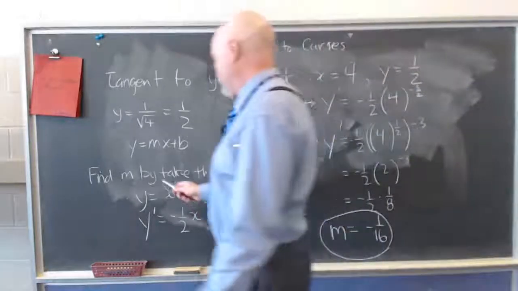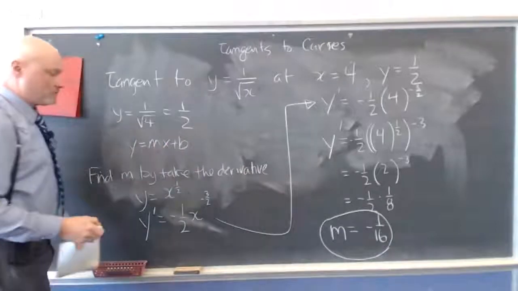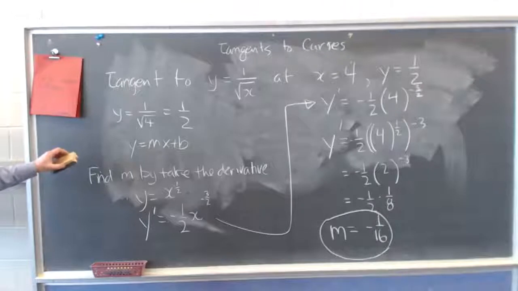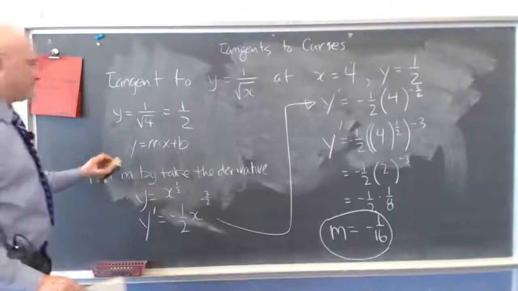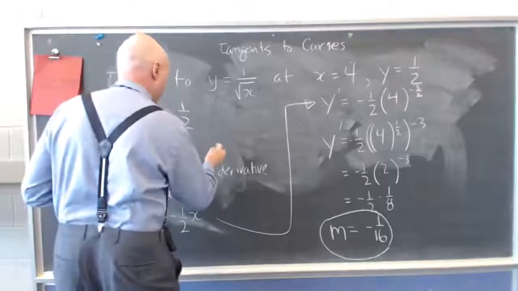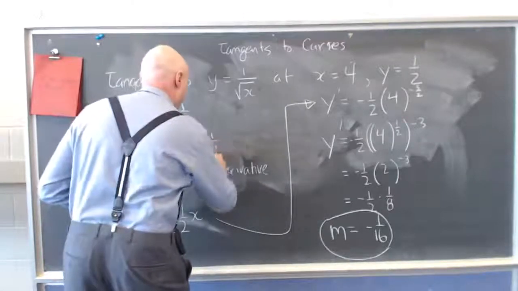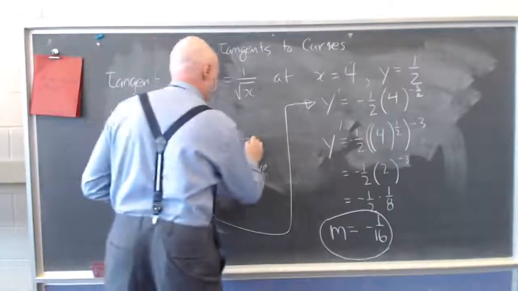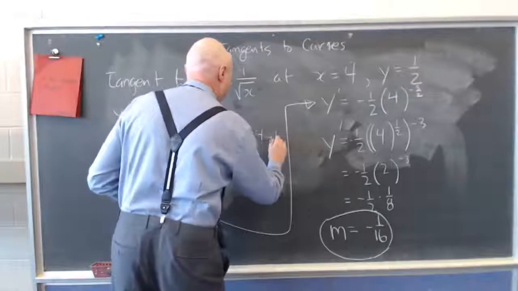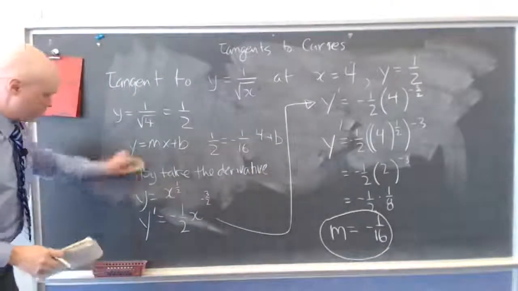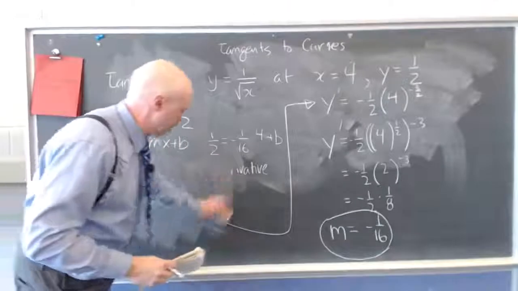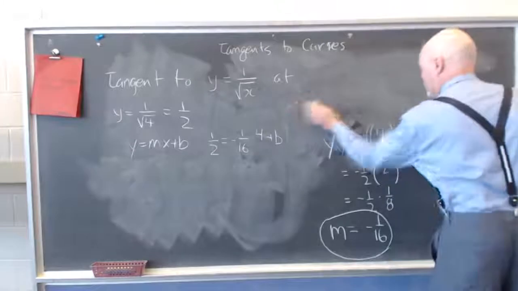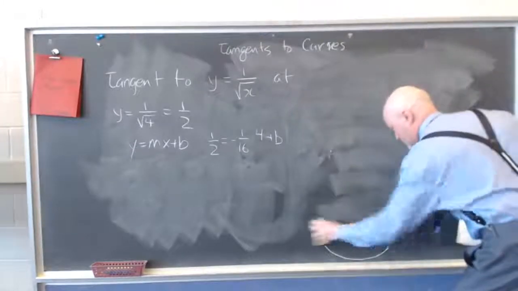And so if we look back at y equals mx plus b, all we have to do is find b. Everybody ready? We have y, 1/2, equals negative 1/16 times x, which is 4, plus b. All right, let's solve for b.